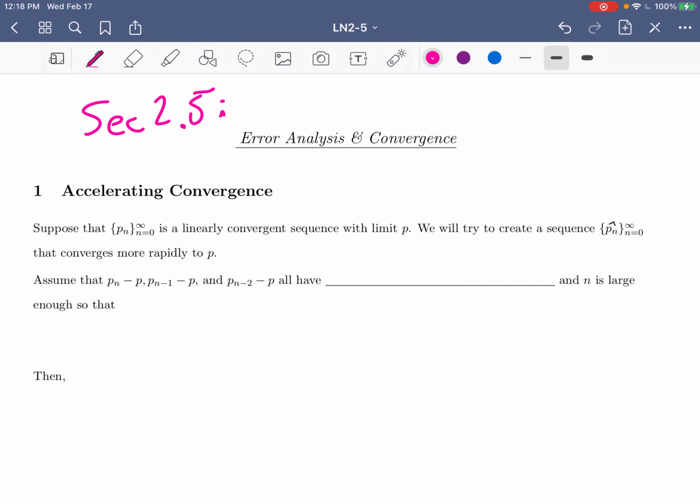Right? And so we will make some assumptions. We will slowly build out this process. But the first assumption that we have is, assume that the differences in that first sequence between the nth term and the value it's converging to, the n plus 1 term, the n plus 2 term, assume that those all have the same sign.